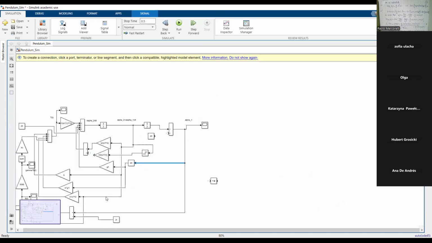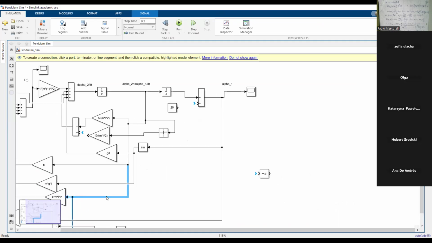The other element is here. As I told you, K multiply M L square, which multiply alpha 2. Excuse me, G, no?